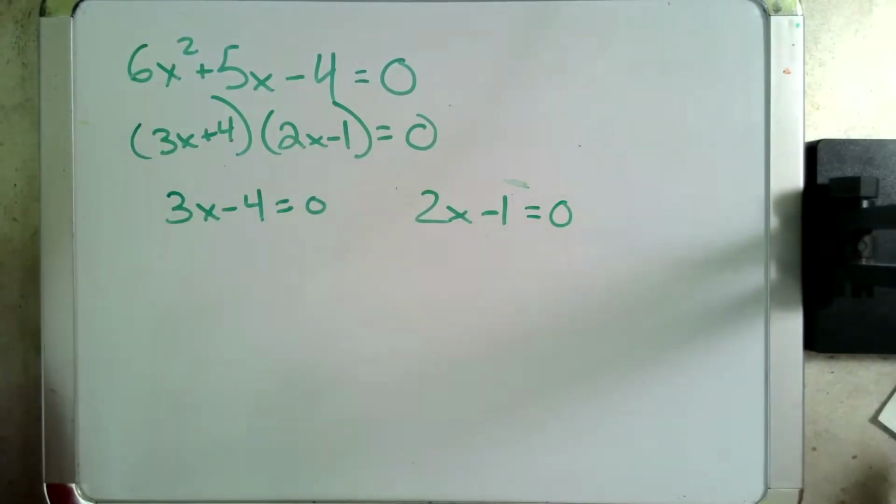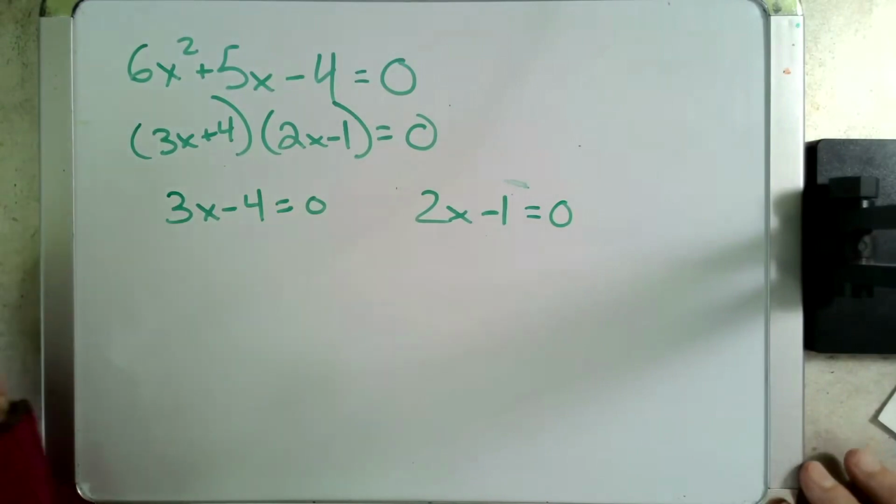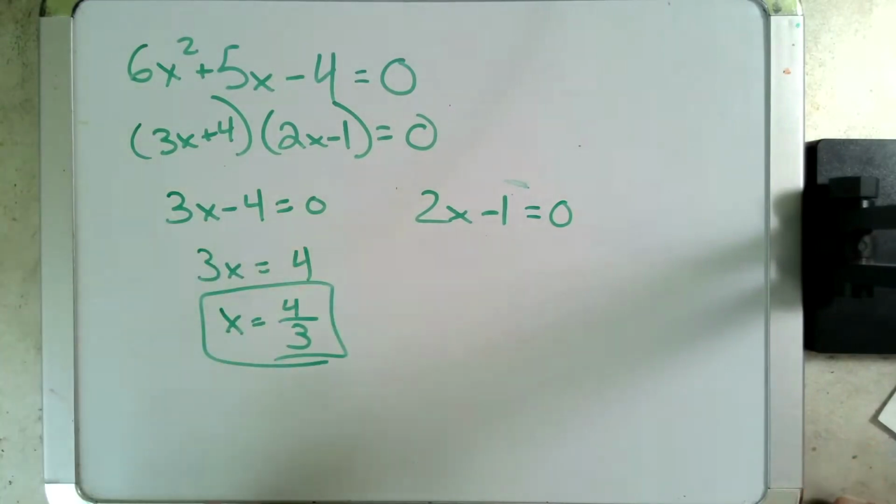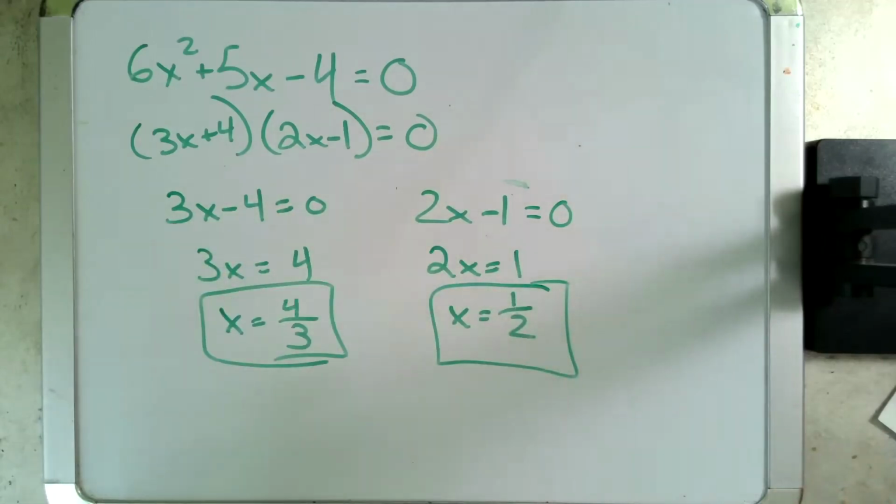And now just use your Algebra 1 skills. Add 4 to both sides, divide by 3, 4/3 is one of your solutions. Add 1 to both sides, divide by 2, x equals 1/2 is another one of your solutions.